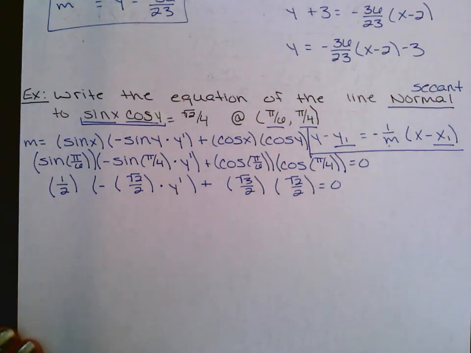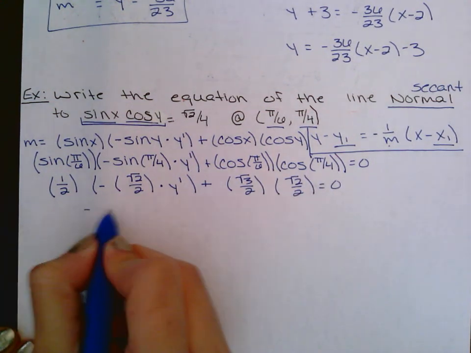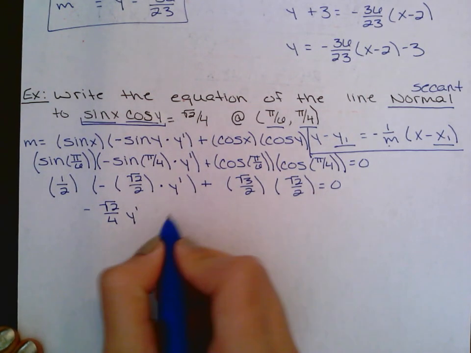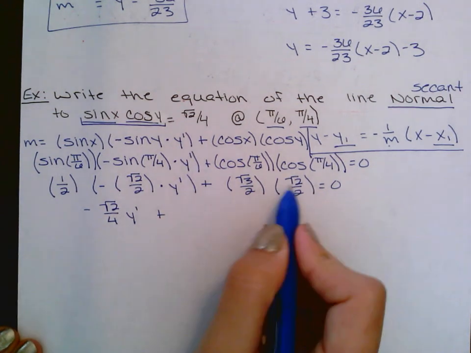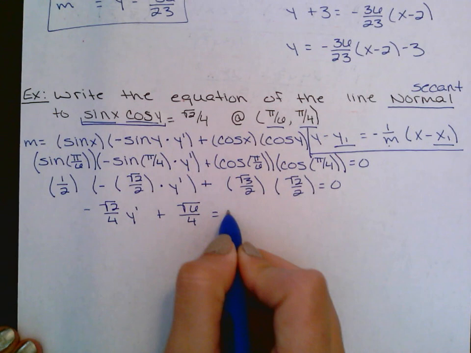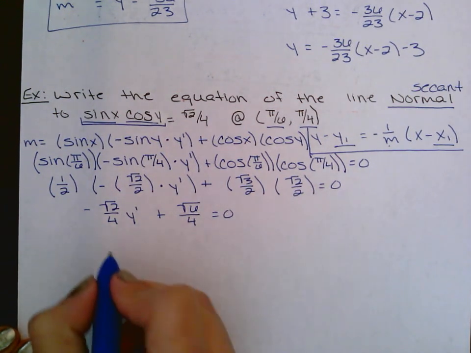Okay? If we multiply here, we get negative radical 2 over 4 y prime, plus we multiply these two, radical 6 over 4 equals 0. Isolate y prime.